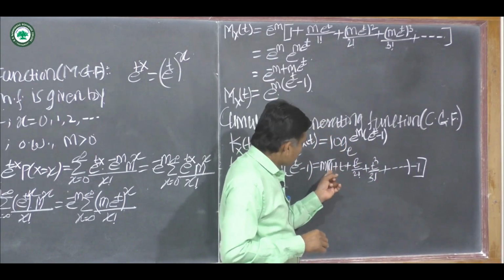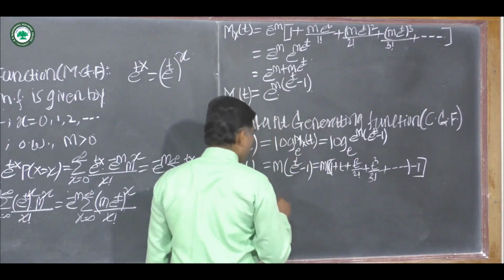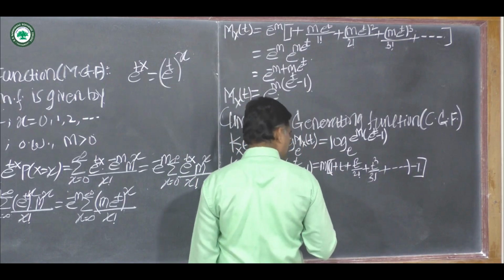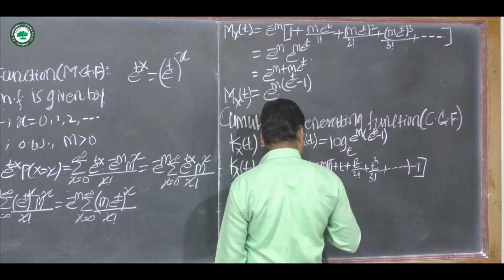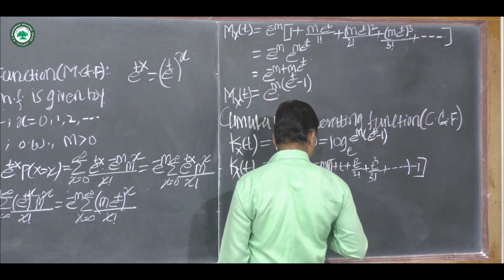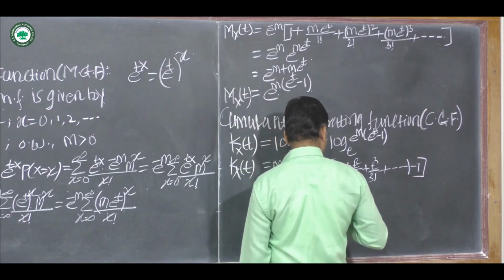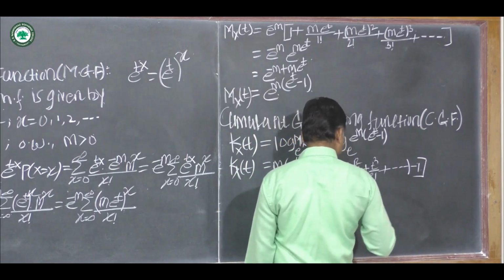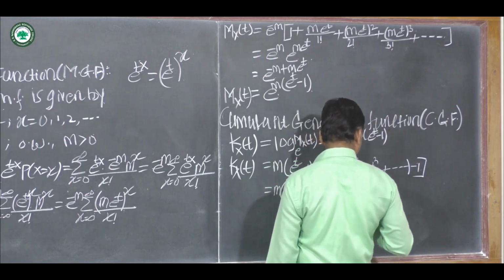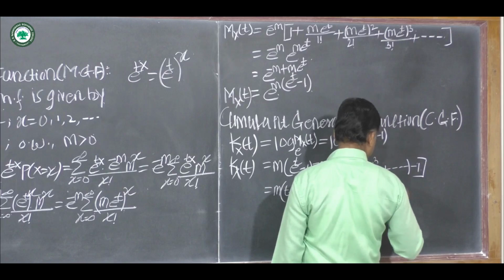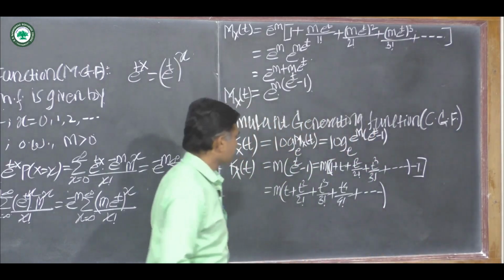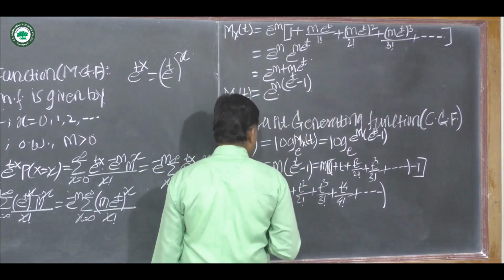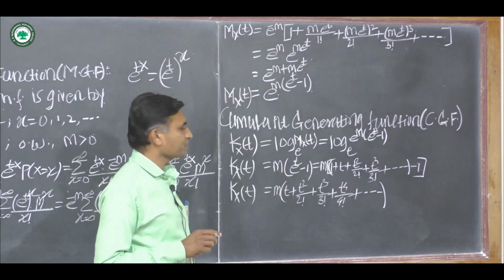Now the plus 1 and minus 1 get cancelled, then we have only m into [t plus t square upon 2 factorial plus t cube upon 3 factorial plus t raised to 4 upon 4 factorial plus ...]. Okay, this is the Kx(t), the cumulant generating function of the Poisson distribution.